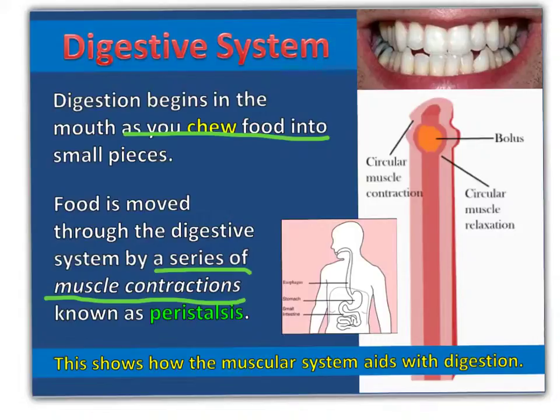Okay, think about how an earthworm moves, how part of it goes forward and then the rest of it comes next and then the rest of it. That's kind of how your body pushes nutrients through your body. When you swallow, you can actually feel it. If you put your hand on your throat and swallow, you can feel your throat contract at one end and push at the next.